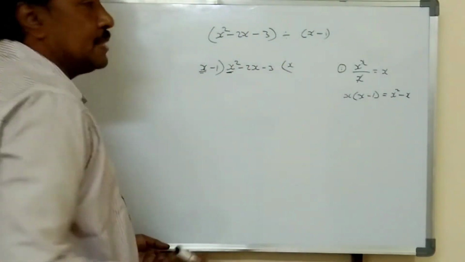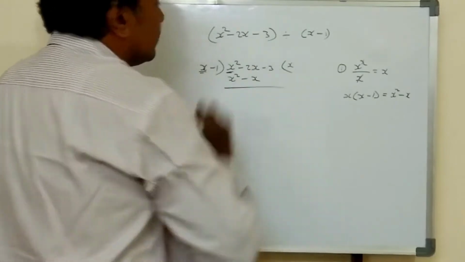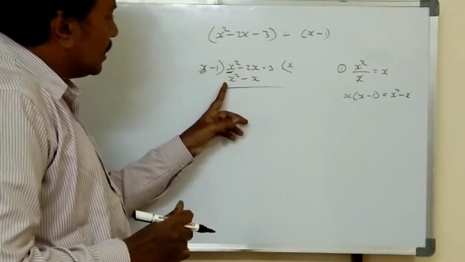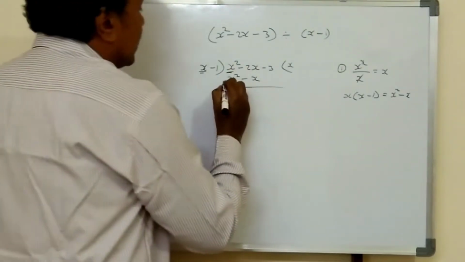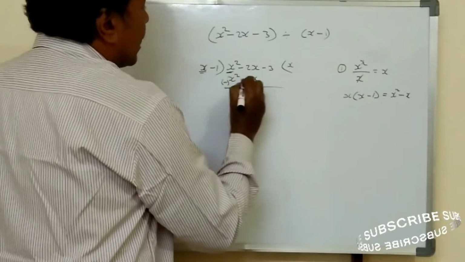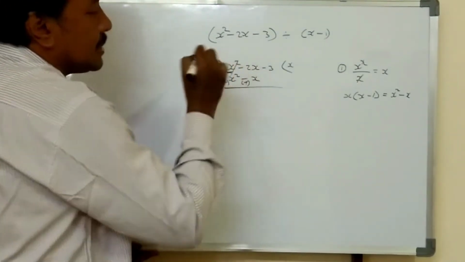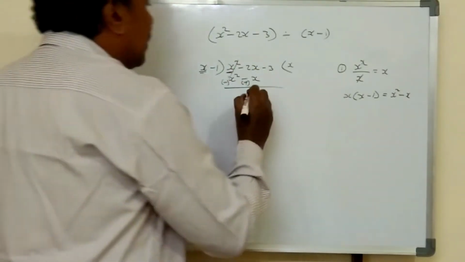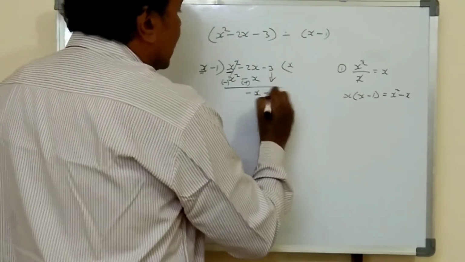So this should be placed here: x square minus x. As usual, you have to subtract this from this. Subtraction means you have to change the signs. Plus becomes minus, so x square minus x square cancels. Minus 2x plus x becomes minus x. Take down the next term, minus 3.